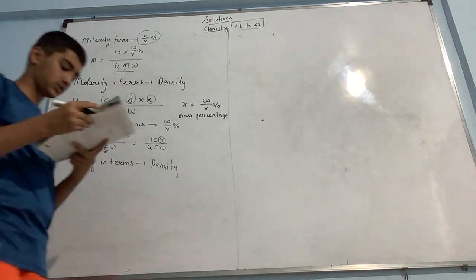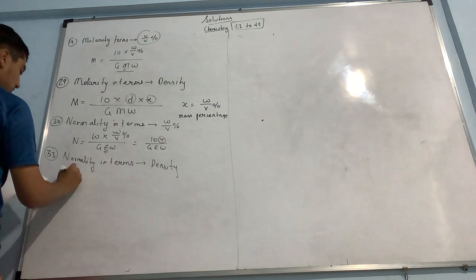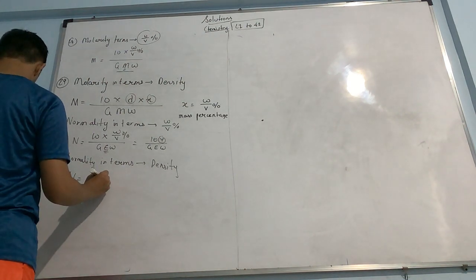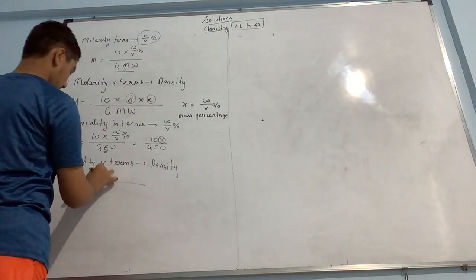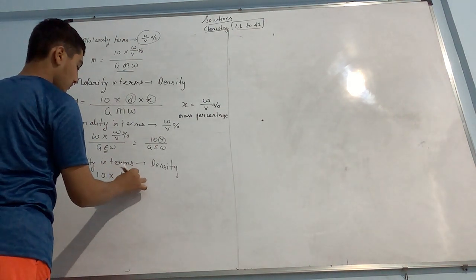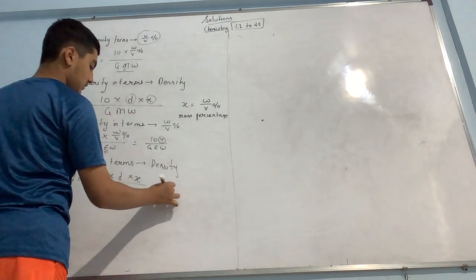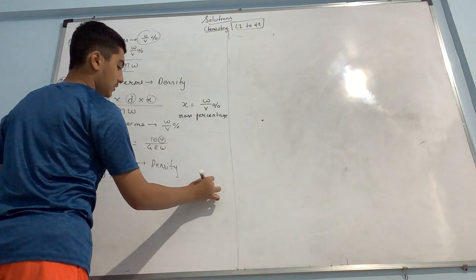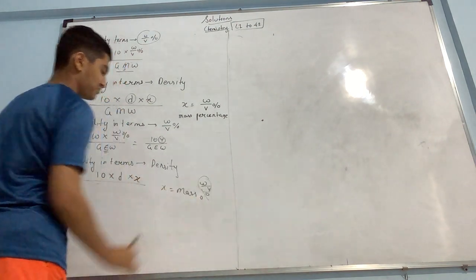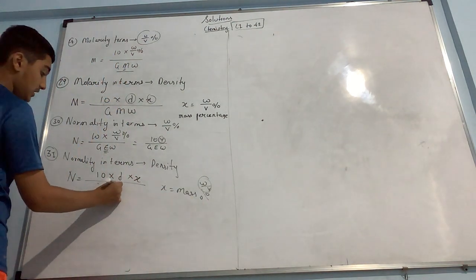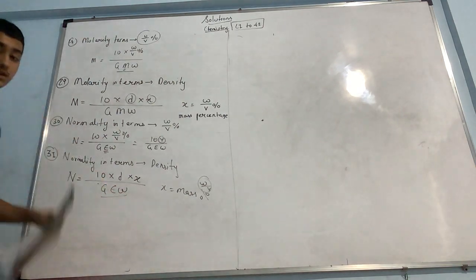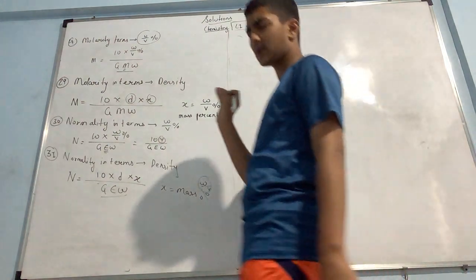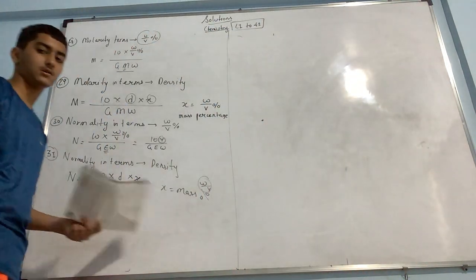In terms of density, N is equal to 10 multiplied by D multiplied by X. Here X is the mass percentage, meaning W by V, upon GEW. Here gram equivalent weight is present.